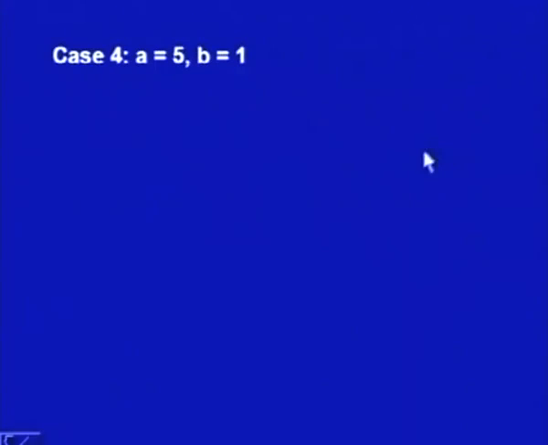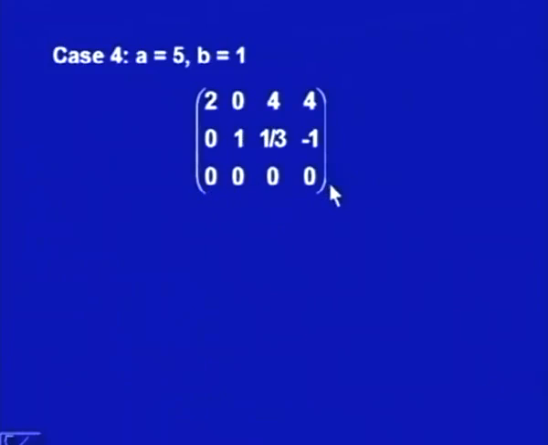And the last case is when a is equal to 5 and b is equal to 1. If this happens, then our augmented matrix will look like this. Now what will happen? This is the coefficient matrix, and it has a row equal to 0.